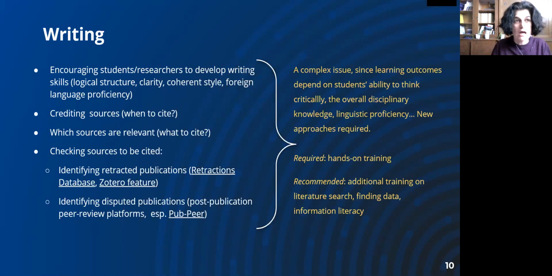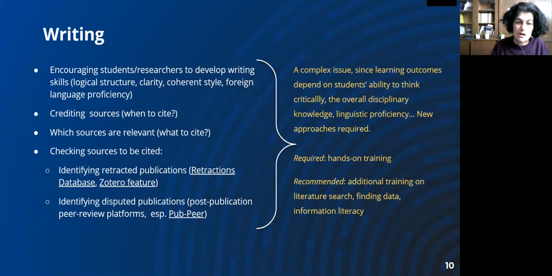And also, I usually see while presenting this section that researchers are not very proficient when it comes to literature search, that they don't know how to find and evaluate data, that information literacy is an issue. So it's always recommended, if you can, just accompany this area of training with additional training in these areas.